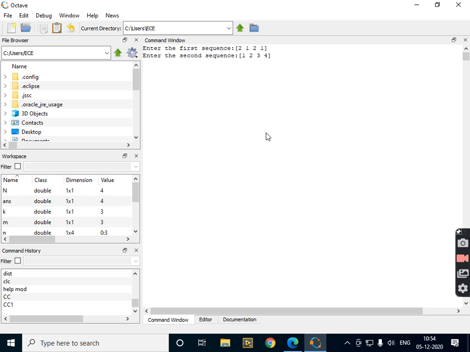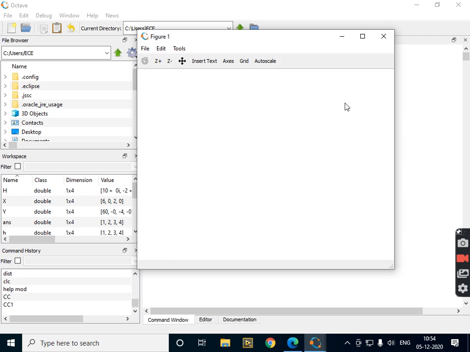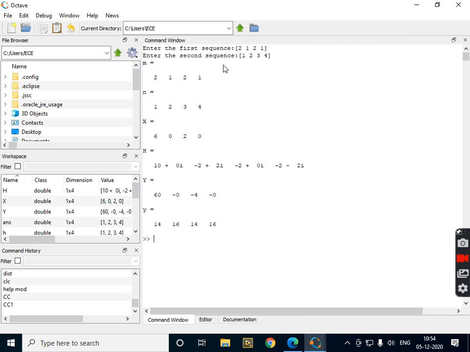So this time the length of the first sequence is 4, and the length of the second sequence is also 4. So the if condition will be true, and directly their n point DFTs will be calculated. You can see here, the first sequence 2121 is assigned to m, and the second sequence 1234 is assigned to n.